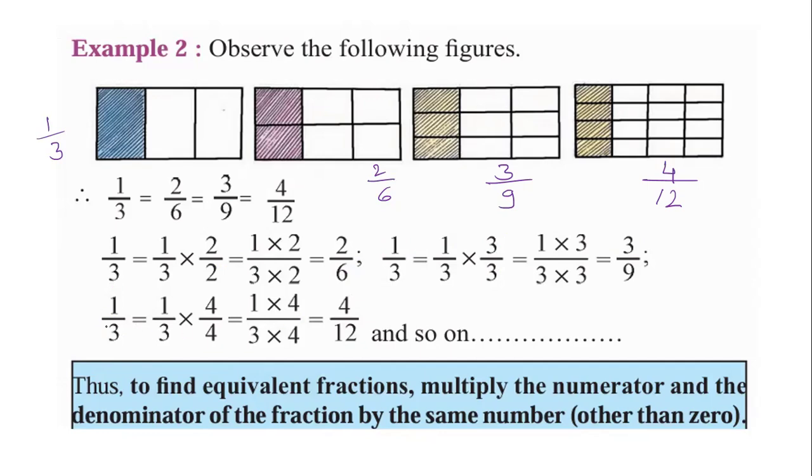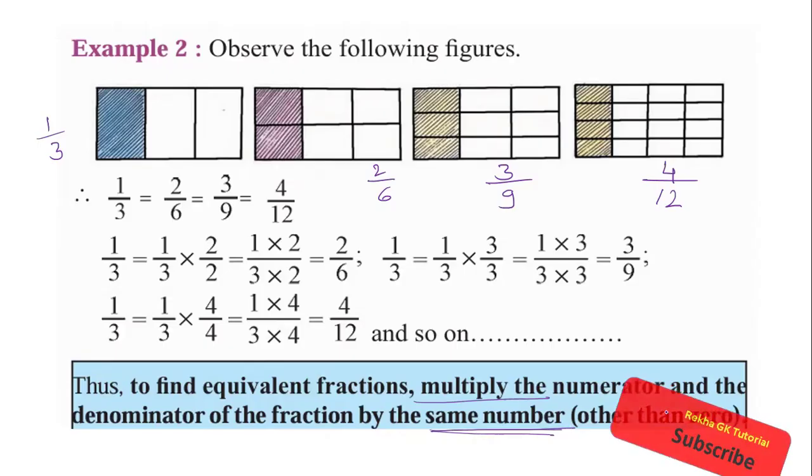If we multiply by 4, we get 4 by 12 and so on. Thus, to find equivalent fractions, multiply the numerator and the denominator of the fraction by the same number, other than 0.